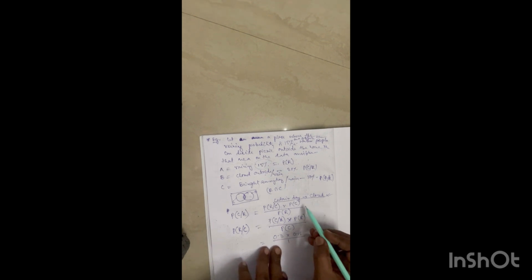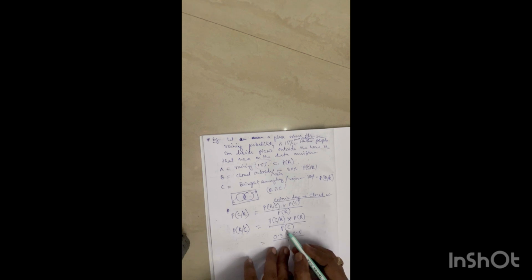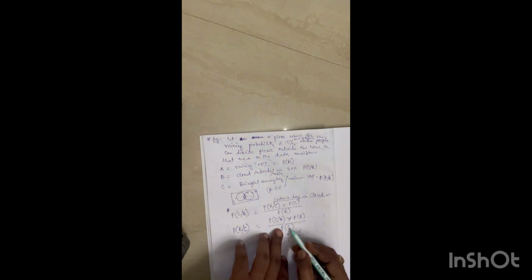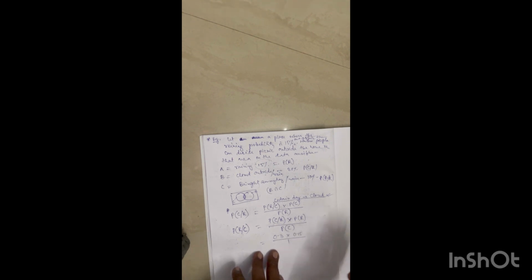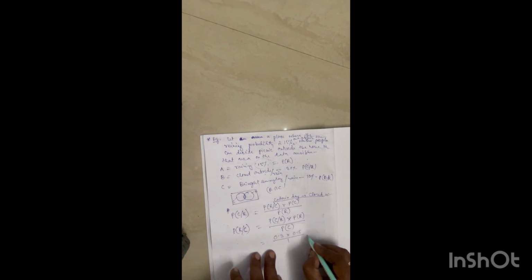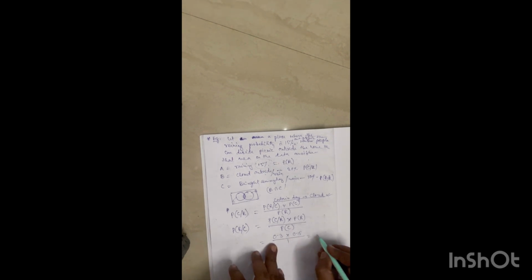So the probability of getting cloud does not depend on any number; it is a practical situation, because you can see the cloud. Now if I calculate this, it will come to 0.45.